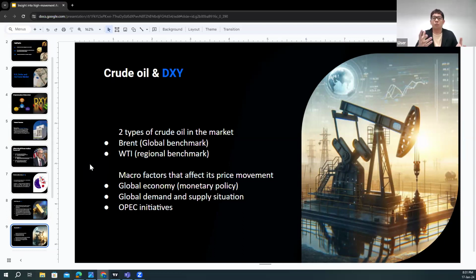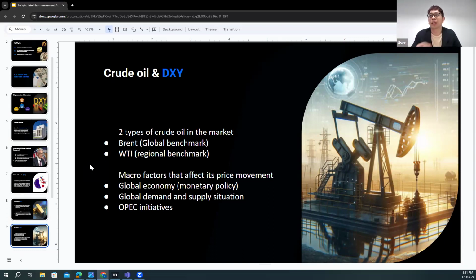When we have production, shipment, when we drive, when we fly, all of it demands oil. So when governments have high interest rates and discourage economic activity, it will harm the demand for crude oil. When this happens, you can expect crude oil prices to drop. So monetary policy is one of the key factors that will have an impact on oil prices.